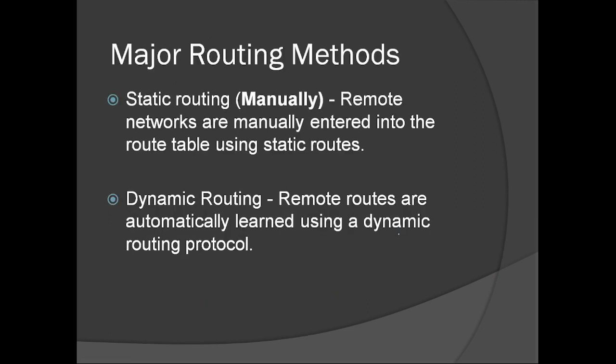The routing method. The first one is static routing. Remote networks are manually entered into the routing table using static routes. So basically, the configuration is manual or static. With static routing, the administrator configures the static route, or kung saan siya talaga dadaan lang.